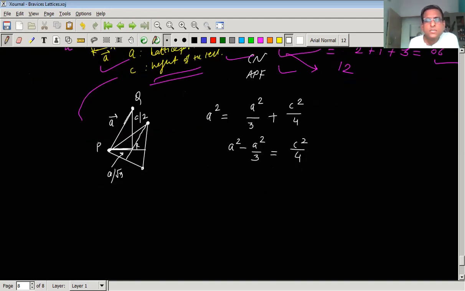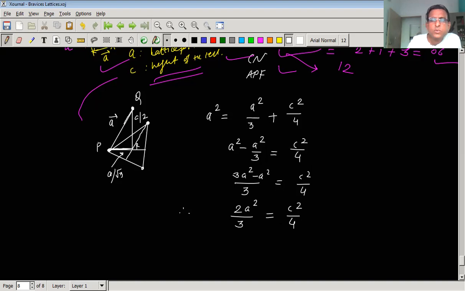So now this we can do: 3 into 3A square minus A square is equal to C square by 4, or we can write that's 2A square by 3 is equal to C square by 4.